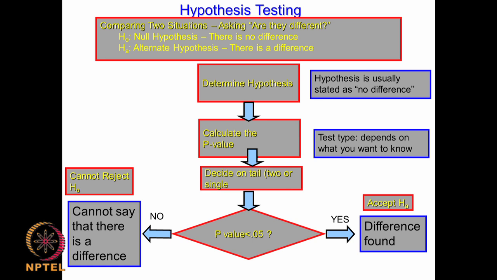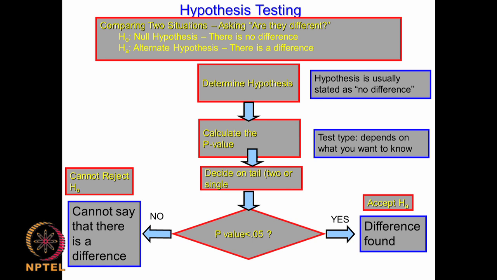Then you can also have another situation where, instead of just saying different, the IQ average of class A could be better than the IQ average of class B, that is, we are comparing only the better part of it, or the IQ average of class A is worse than that of class B, that is, we are comparing only the worse part of it.